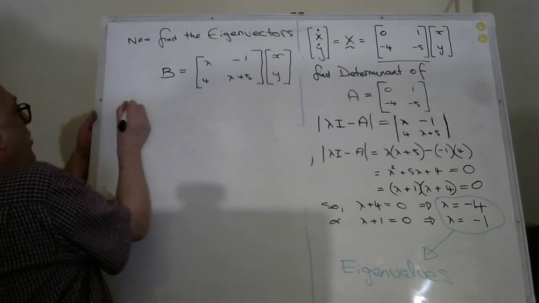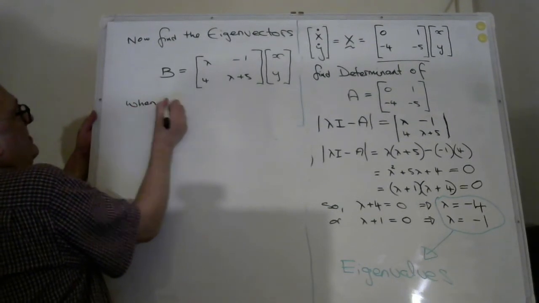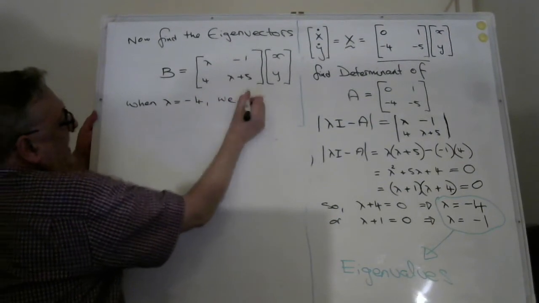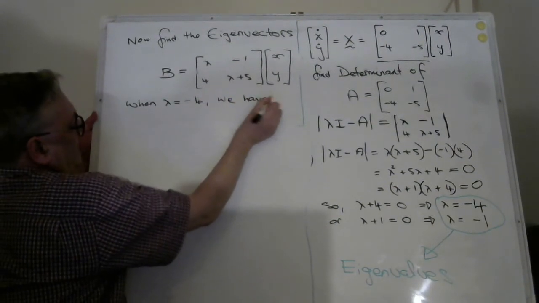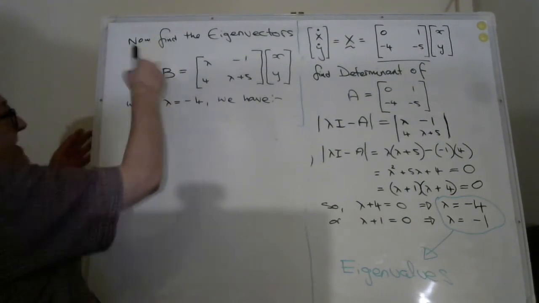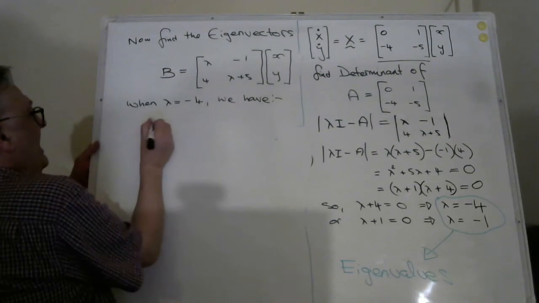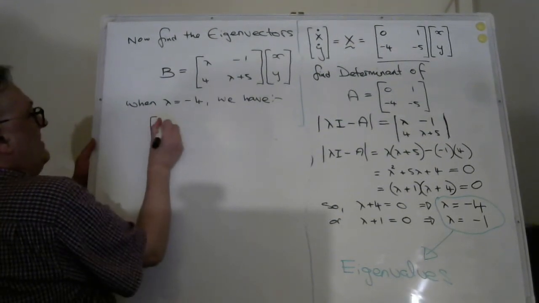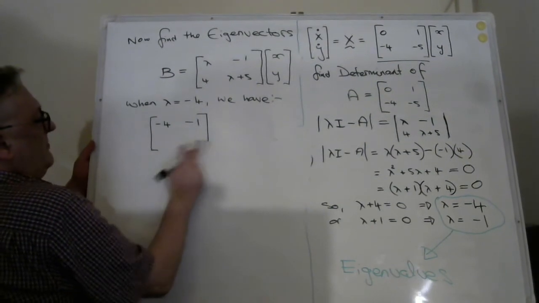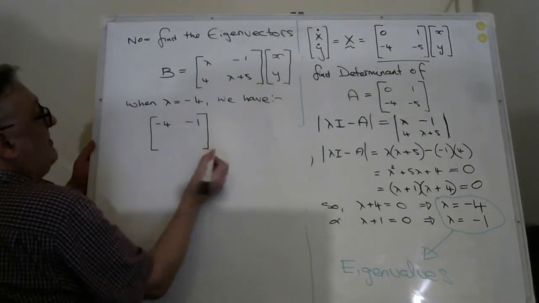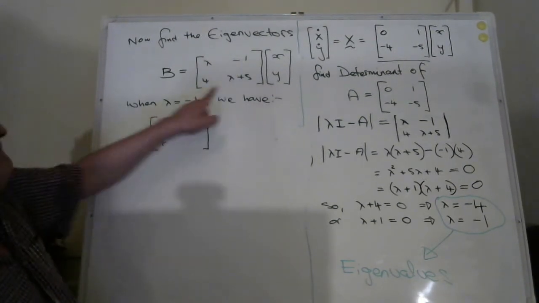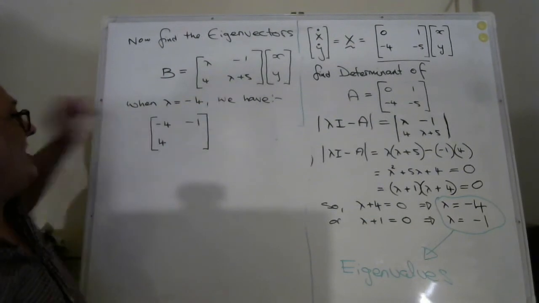So, when lambda is equal to -4, I'm going to ignore writing the B bit down. We have -4 and -1 stays as -1, and the 4 stays as it is, and we've got -4 plus 5.